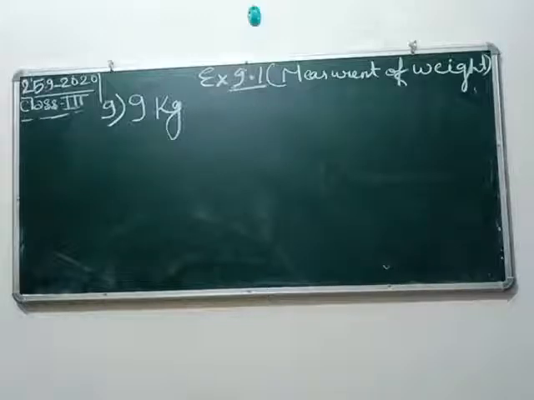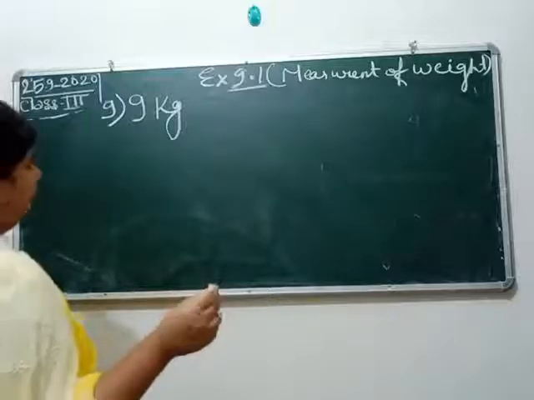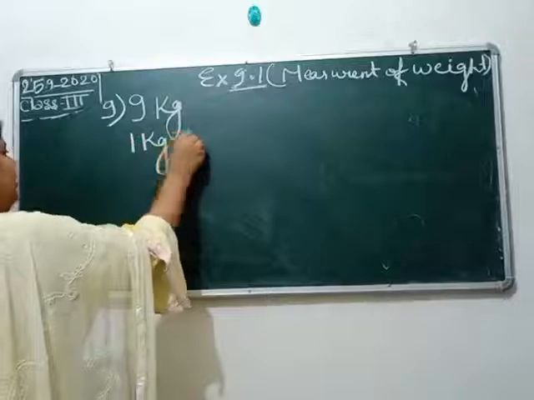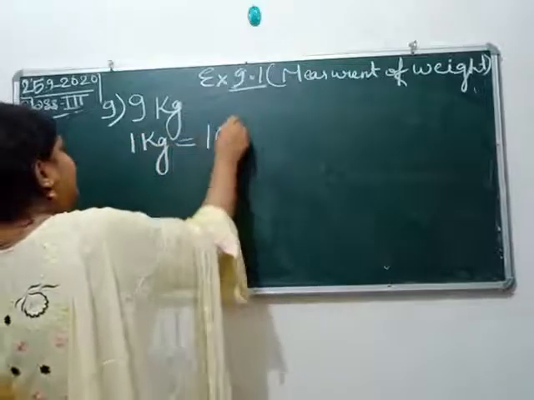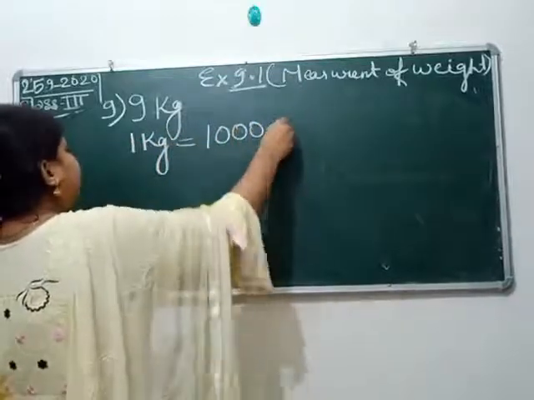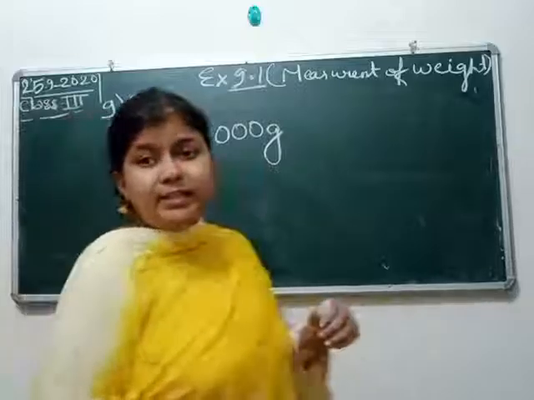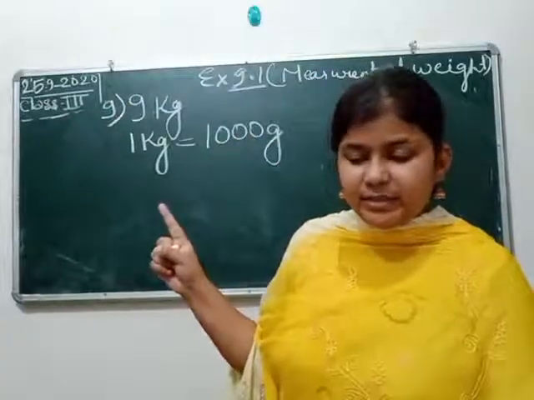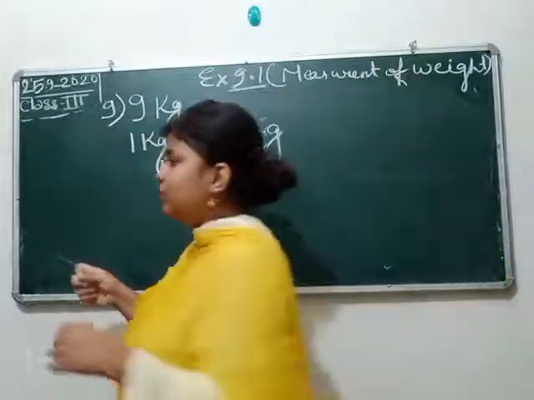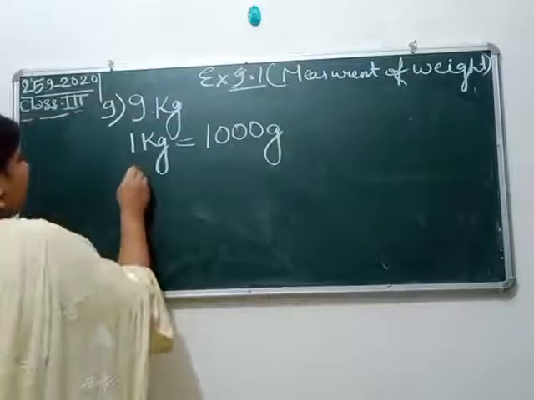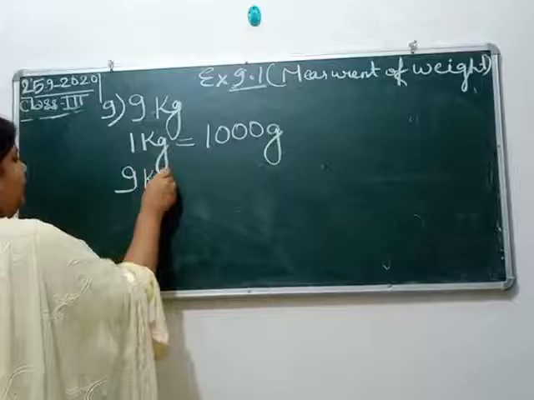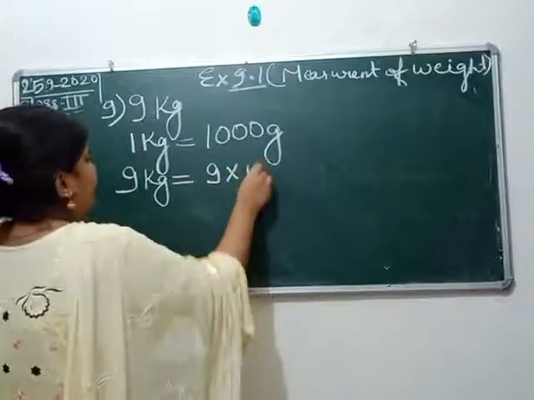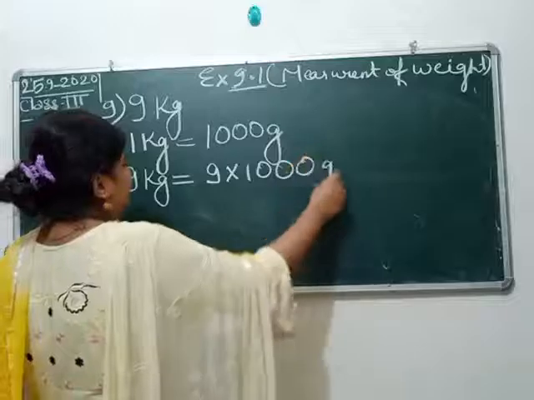Okay. So, 1 kg is equal to 1000 gram. Now what we have to convert? We have to convert 9 kg. Okay, so 9 kg is equal to 9 into 1000 gram.